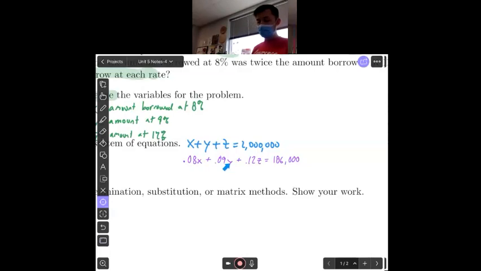Amount I borrowed times the rate, that's how much I pay on that account. That would be my total interest. So interest plus interest plus interest equals interest. Okay? X plus Y plus Z, those are not interests. Those are amount borrowed. Okay? So you can't add those together to get that.